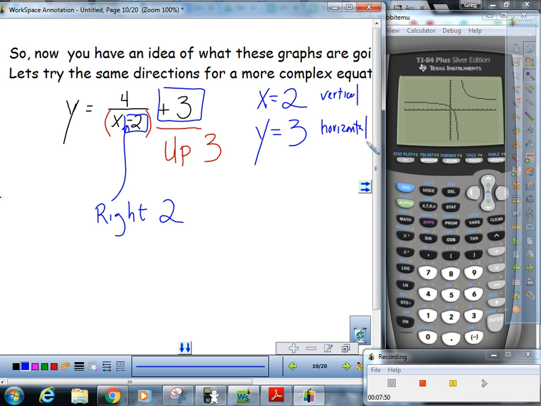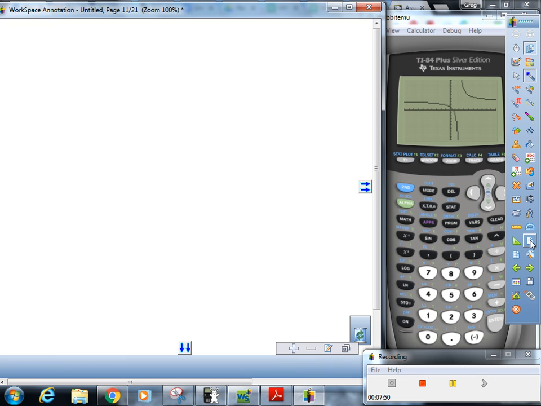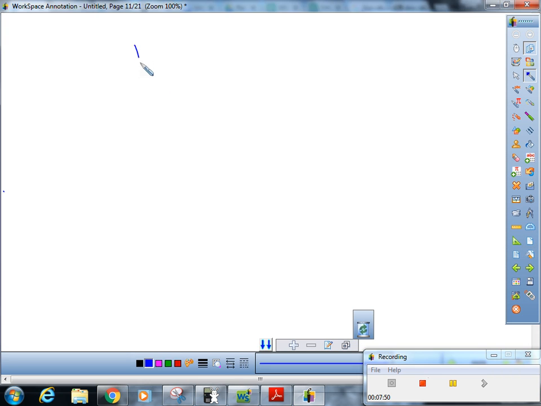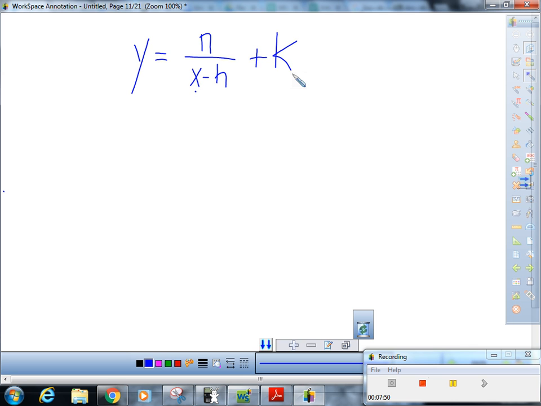Okay, so just one more slide and we finish. If we've got this general equation, y equals n, n's just a number, divided by x minus h plus k.